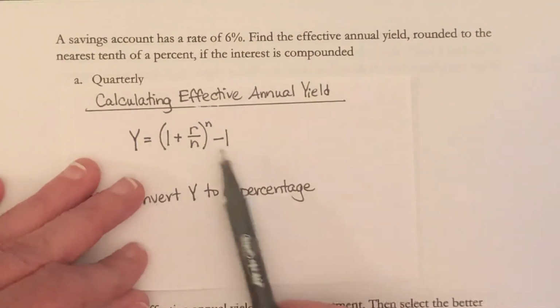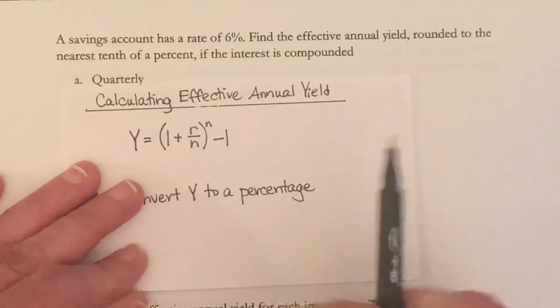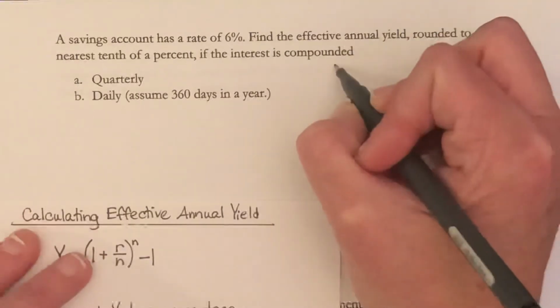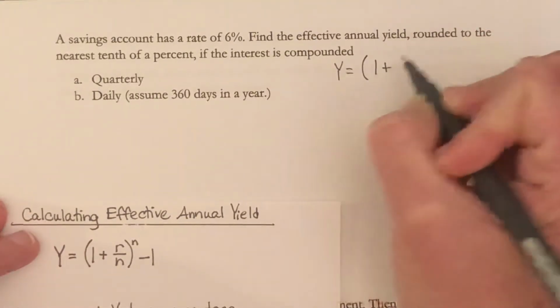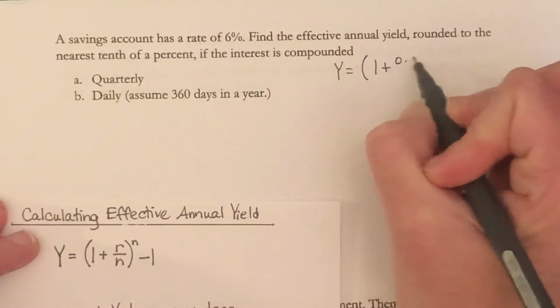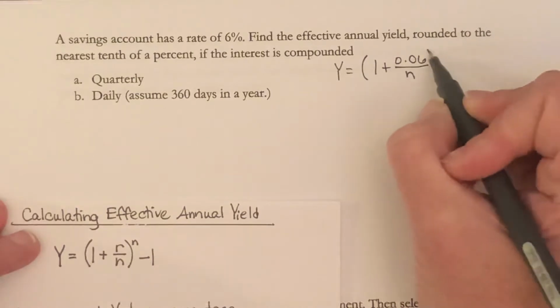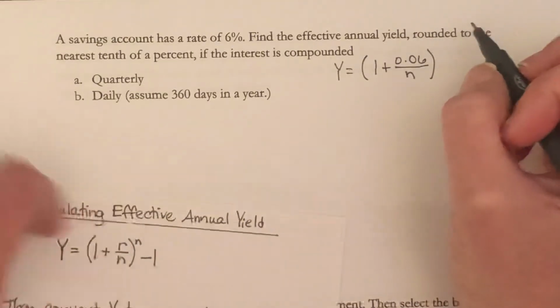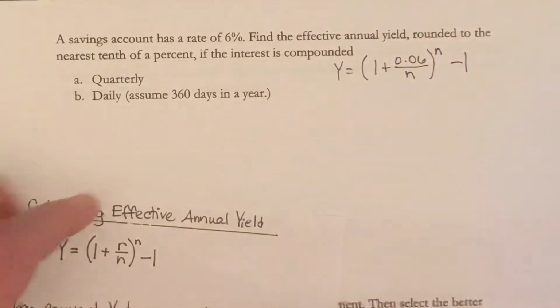The first thing I'm going to do is write down the formula, putting in the parts that are going to be the same for both calculations. So we're looking for the yield, and that is going to be 1 plus our rate, which is 0.06 over n, that's the part that's going to be changing, raised to the nth power, and then subtract 1.